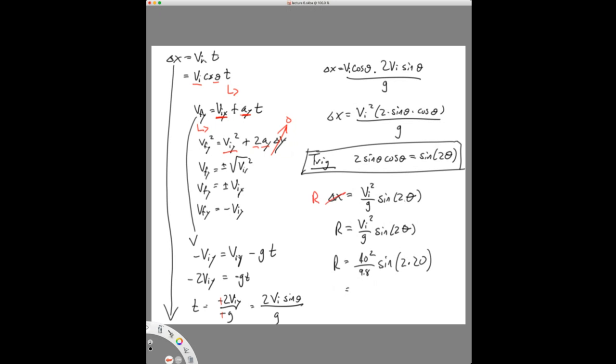And so we're doubling the angle, sine of 40 degrees times 40 squared divided by 9.8 is 104.9 meters.